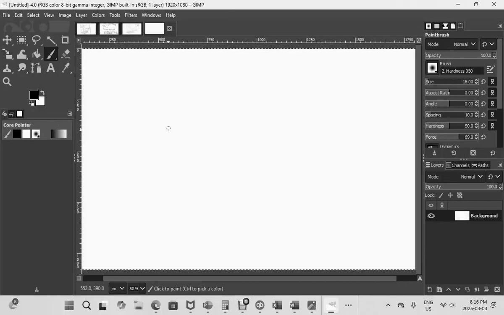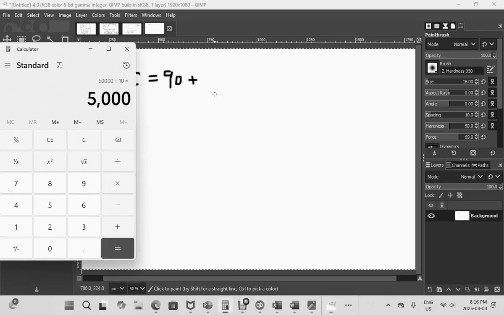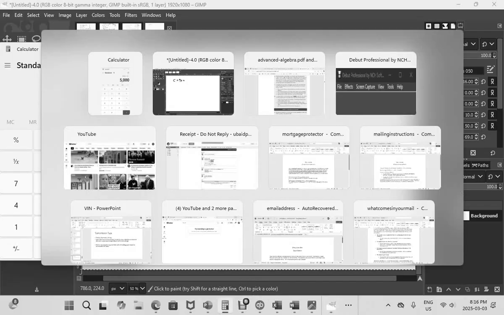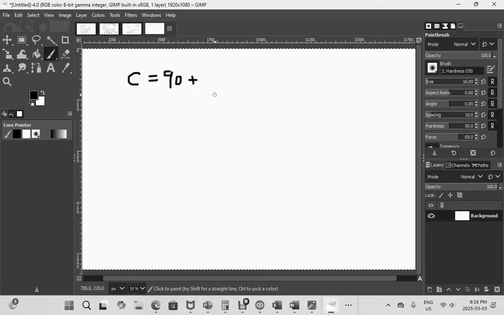So C equals your fixed expenses, $90 to lease the space, and then you have 50 cents each, 0.50, let's say x. This is your variable cost of producing, or stocking, or buying the product.